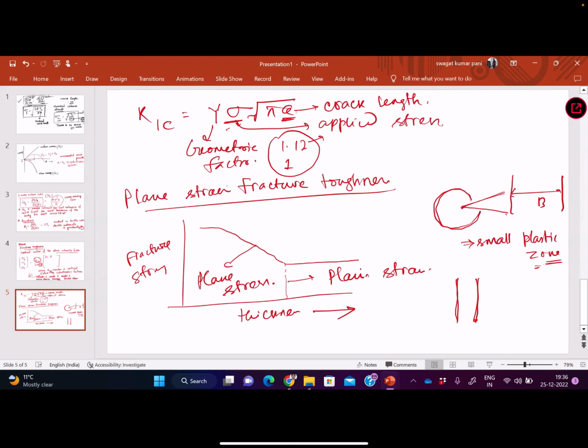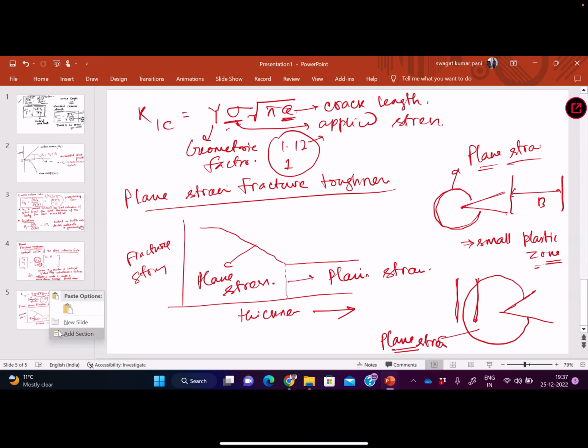So there will be plastic deformation, and the plastic zone size will be higher. This is for plane stress, and this is for plane strain. Remember, the plastic zone size for plane stress will always be bigger as compared to plane strain. There is also a formula for that derivation, I won't go into that.